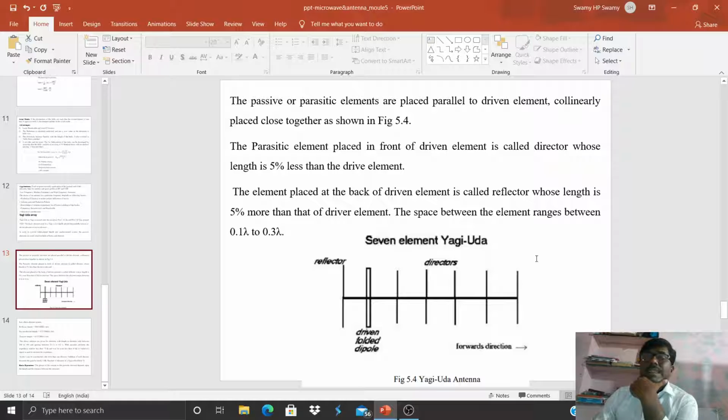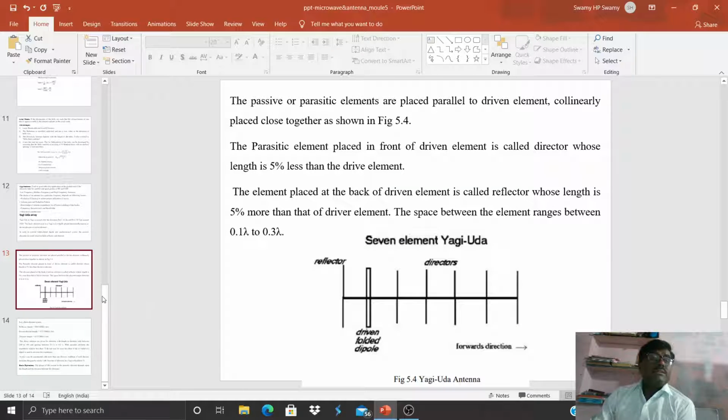The spacing between each element out of the 11 elements in the Yagi-Uda array is 0.1 lambda to 0.3 lambda.